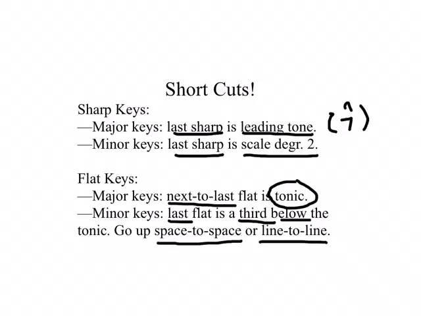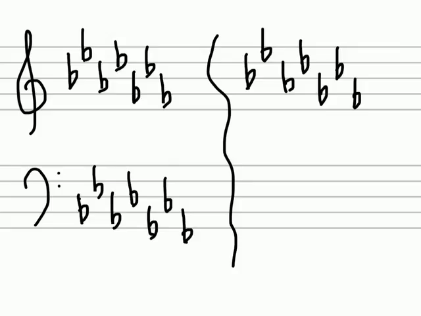I'll show you how this works. So here's the last flat, B flat. It's on a line. Go up to the next line, bass clef, remember. So that's a D. That's D minor.